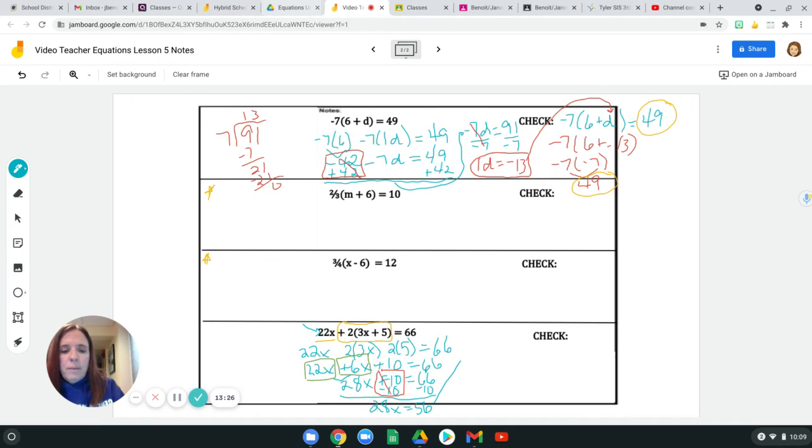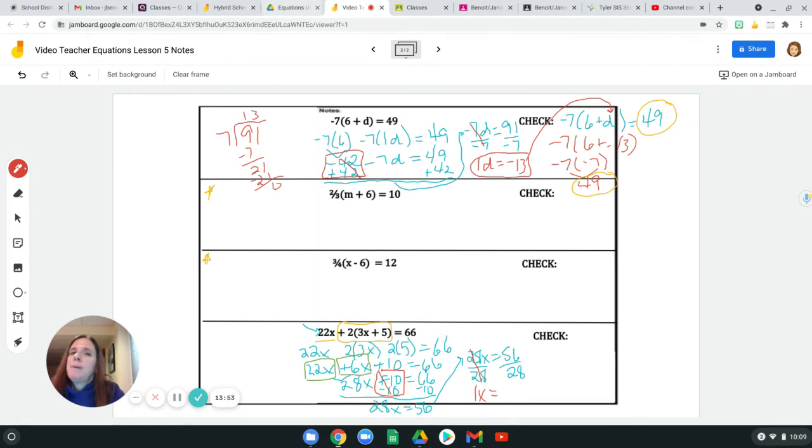All right, I'm going to move this up here. 28x equals 56. How do I solve for 1x? Because my coefficient needs to be 1. You divide by the current coefficient, which is 28. 28x divided by 28 simplifies to 1x.